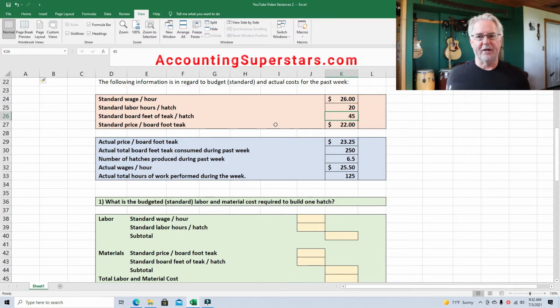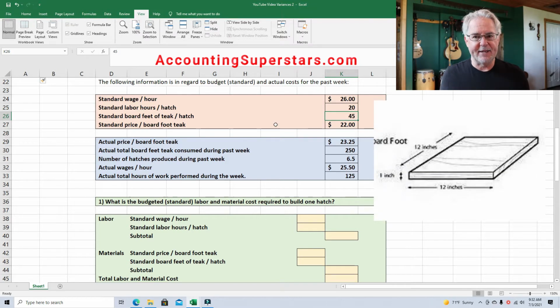Now, what's a board foot? A board foot is some wood that is 12 inches by 12 inches by 1 inch thick. If you do a little math, 12 times 12 times 1, you get 144, so that's 144 cubic inches. A board foot can be any dimension whatsoever.